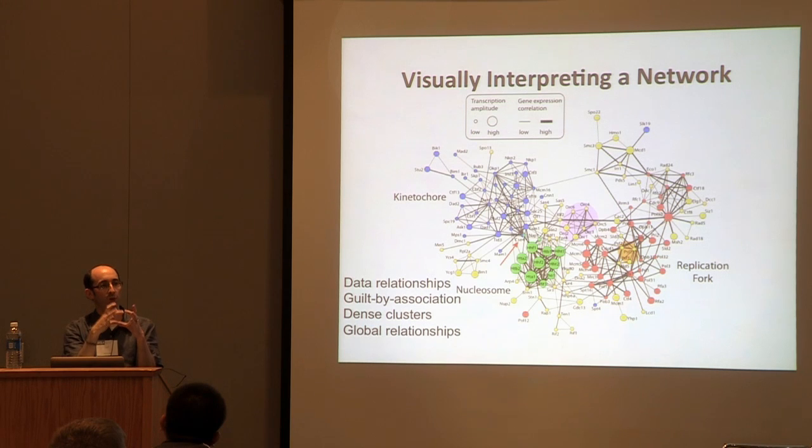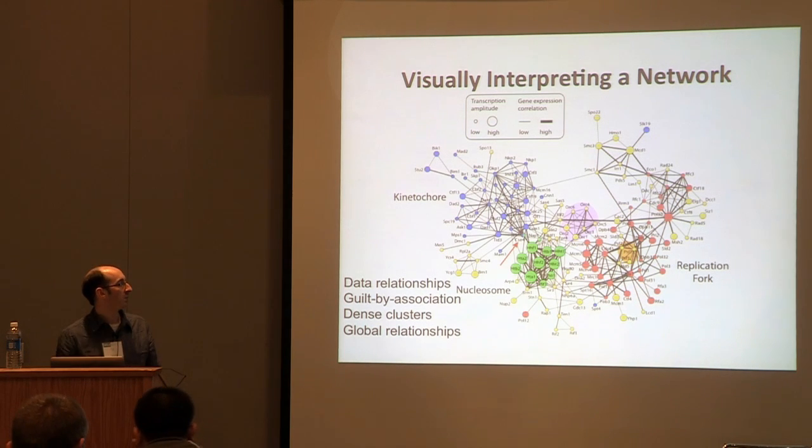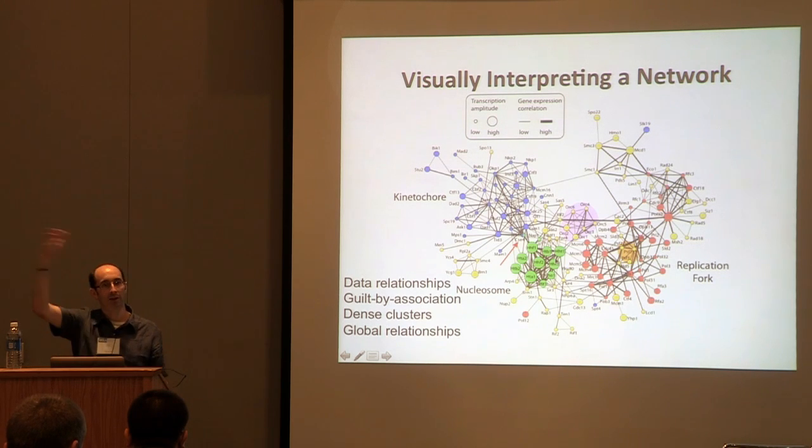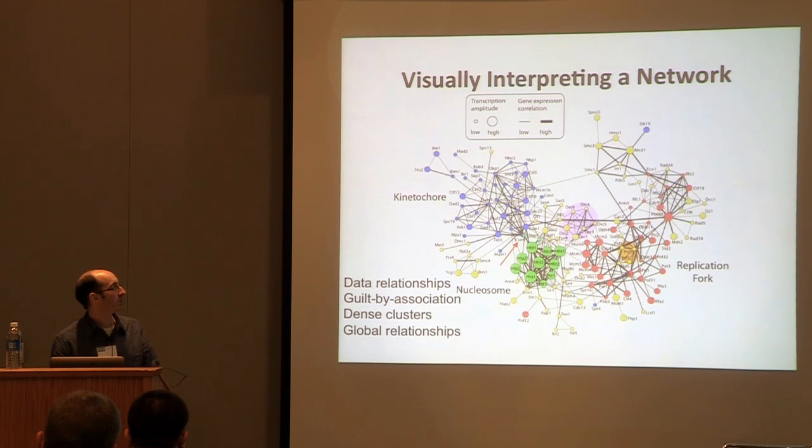So we see a module in protein interactions. We see a known functional module that we've loaded in from a database, the nucleosome. We see the genes are all very similar in terms of their level of expression, and also the correlation of expression across the time points of the cell cycle.